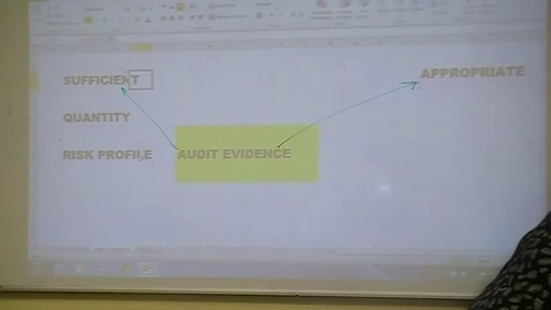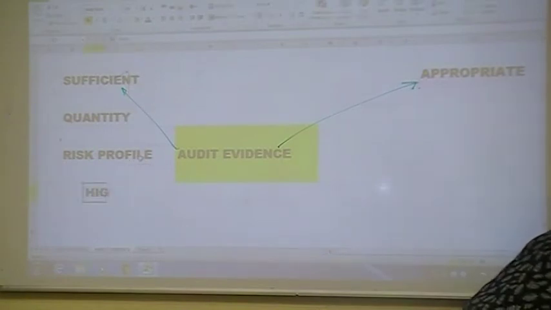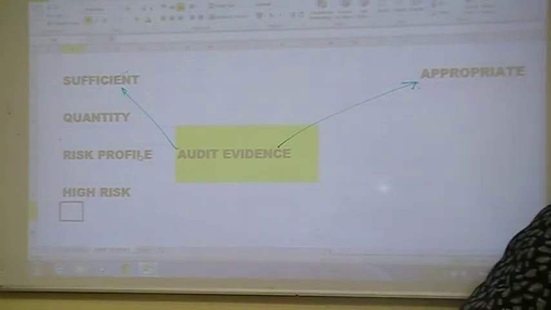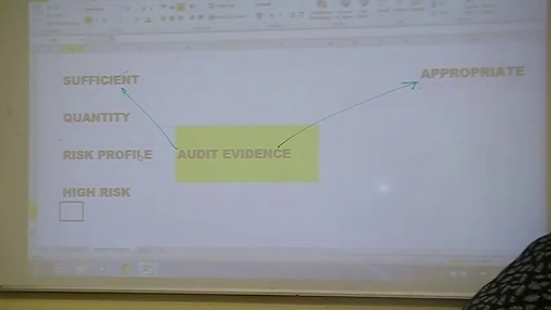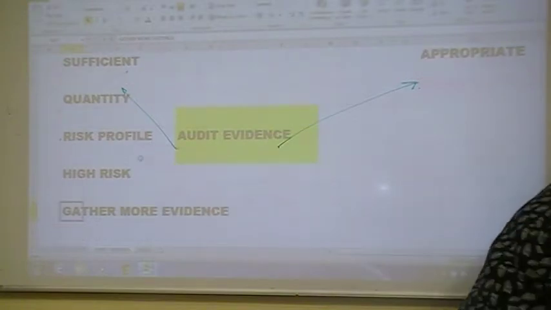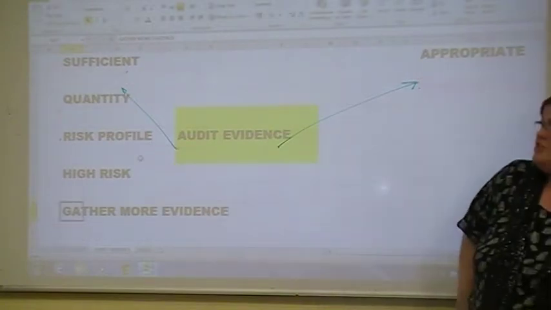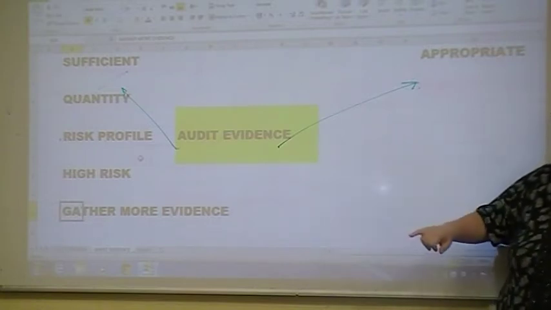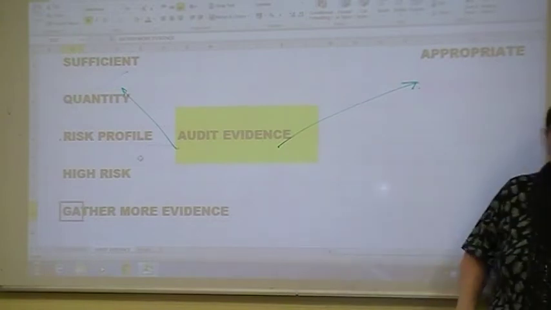So if you've got a high risk profile, high risk, do you think you'll gather more or less? More, okay? It means gathering more audit evidence. So that's what we're talking about in sufficient. The quantity we have to gather, we look at the risk profile, and if it's high risk, we should gather more audit evidence.